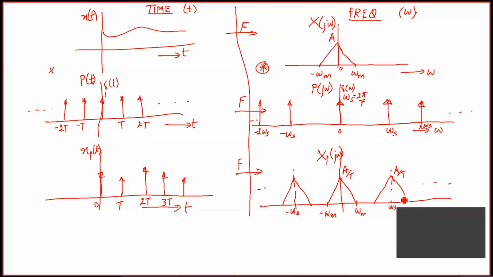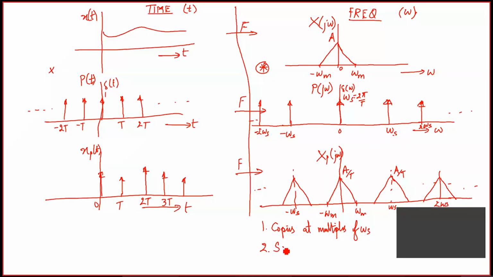So we had copies at multiples of omega s, the first aspect. The second aspect is basically the scaling part, scaling by a factor of 1 over T. So these two aspects happen once we do impulse sampling.